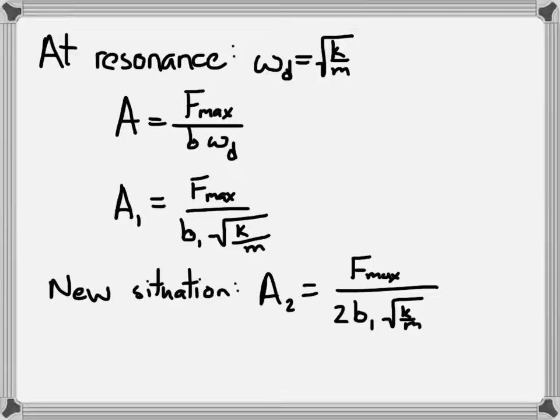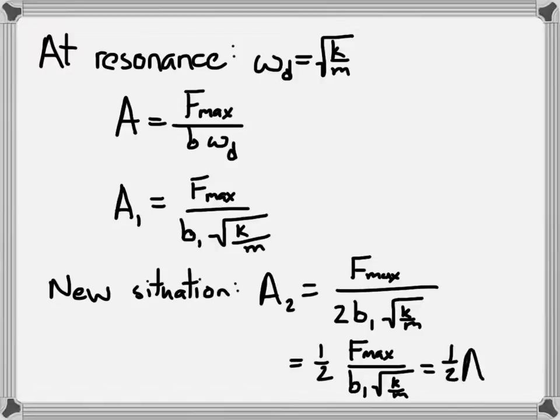I notice the only difference between these two is that there's a 2 at the bottom, so I can factor out that 2. Since it's in the denominator, I'm going to have 1/2 times F max over B1 times root K over M. This entire thing is equal to that, so I can replace this with 1/2 times A1.